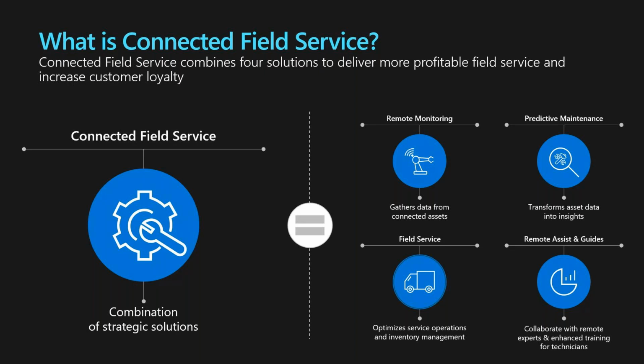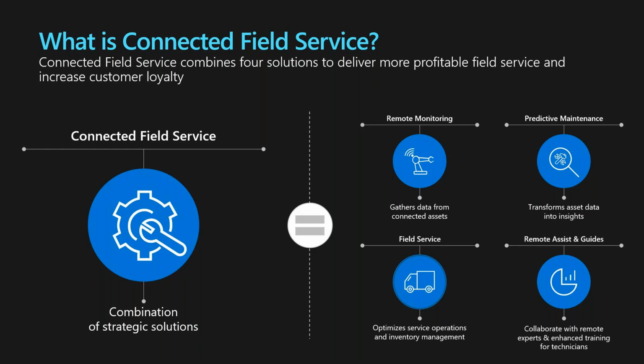Connected field service implies not only connecting the things we've already talked about, the right people, the right inventory, the right skills to the right location, but also connecting in terms of remotely monitoring assets, whatever they may be. If they include sensors that are IoT based and we can connect to them, we can monitor. And as we monitor, we can begin to predict failure.